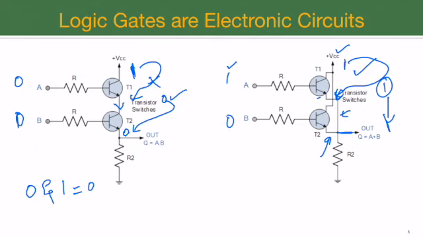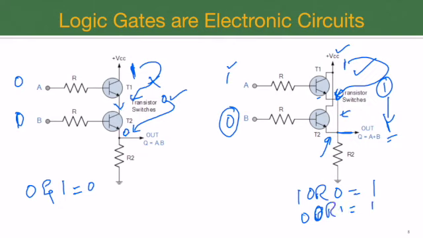It doesn't really matter what this transistor is performing, whatever the operation of this transistor, as long as one of the values is 1, we get a 1 over here, which is the operation of OR. 1 or 0 produces the result of 1. Similarly, 0 or 1 will also produce the result of 1, and so on.